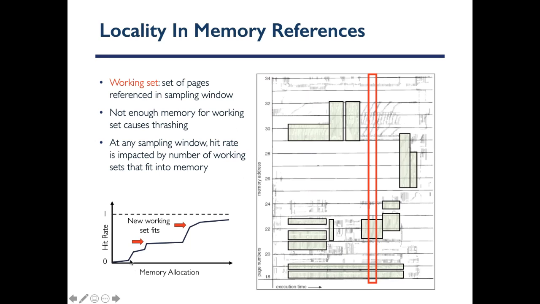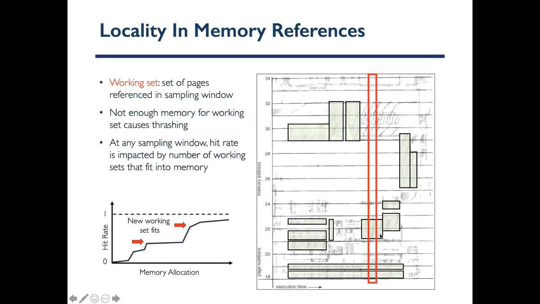If I plot the hit rate, which is the opposite of page fault, 1 minus the page fault rate, the number of times that I hit in memory, as a function of the memory allocated to my process. So fix a window of time.